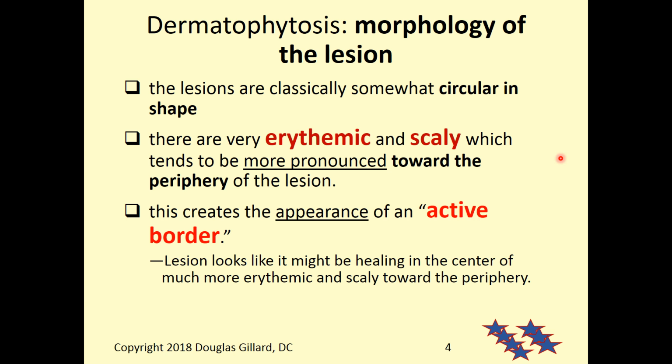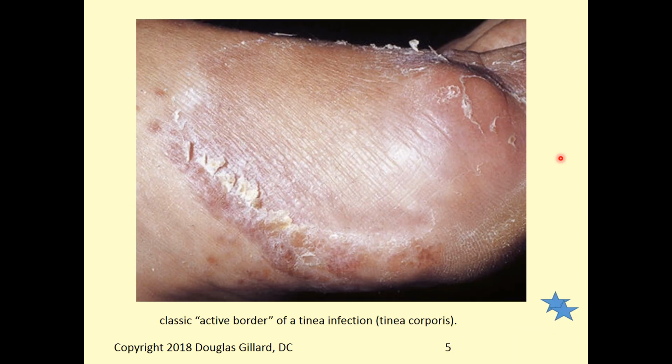The erythemic and scaly part of the lesion are more toward the periphery of the lesion, and the center tends to be, it almost looks like it's getting better. It's not as involved. So that creates a classic board word kind of buzz called an active border. An active border. And that just means that the worst of the lesion appears to be at the very periphery of it. Let's take a look and you'll see what I mean.